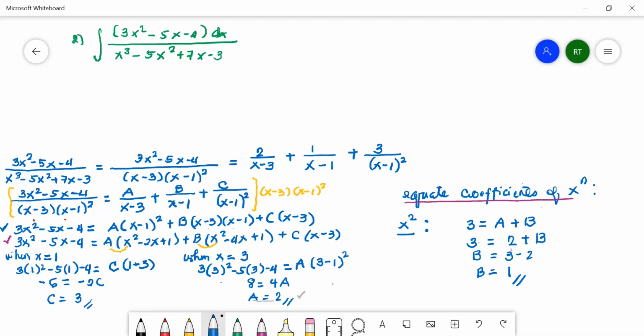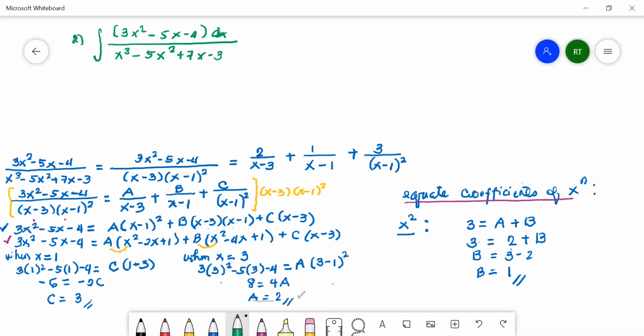Okay, but we are not yet done. We have just expressed the given rational integrand into sum of partial fractions: 2 over x minus 3 plus 1 over x minus 1 plus 3 over x minus 1 raised to the second power.